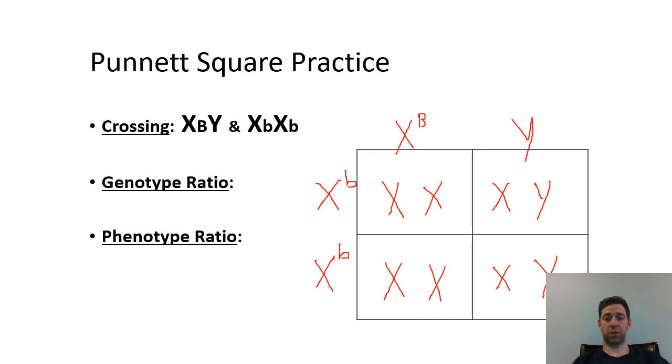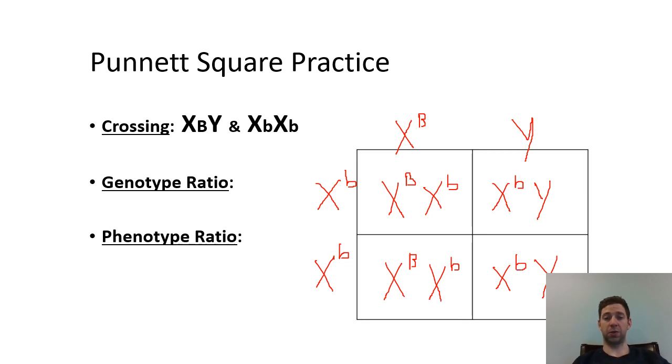As far as the traits, if this couple has a daughter, remember XX, she will definitely 100% have normal color vision, but she will 100% be a carrier. If this couple has a son, he will be colorblind. 100% chance.